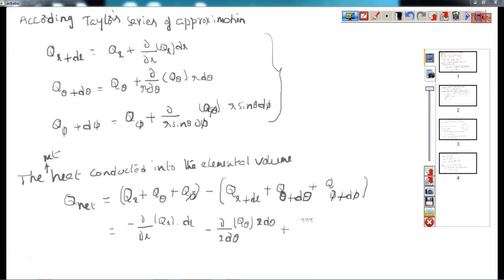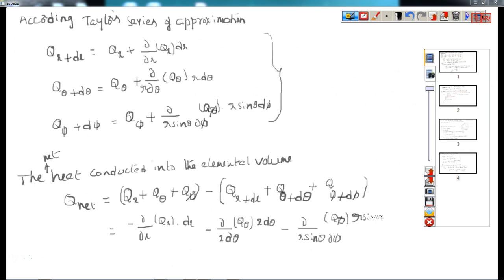Plus, sorry, this is not plus, this is minus dou by dou phi of Q phi into r sin theta d phi.